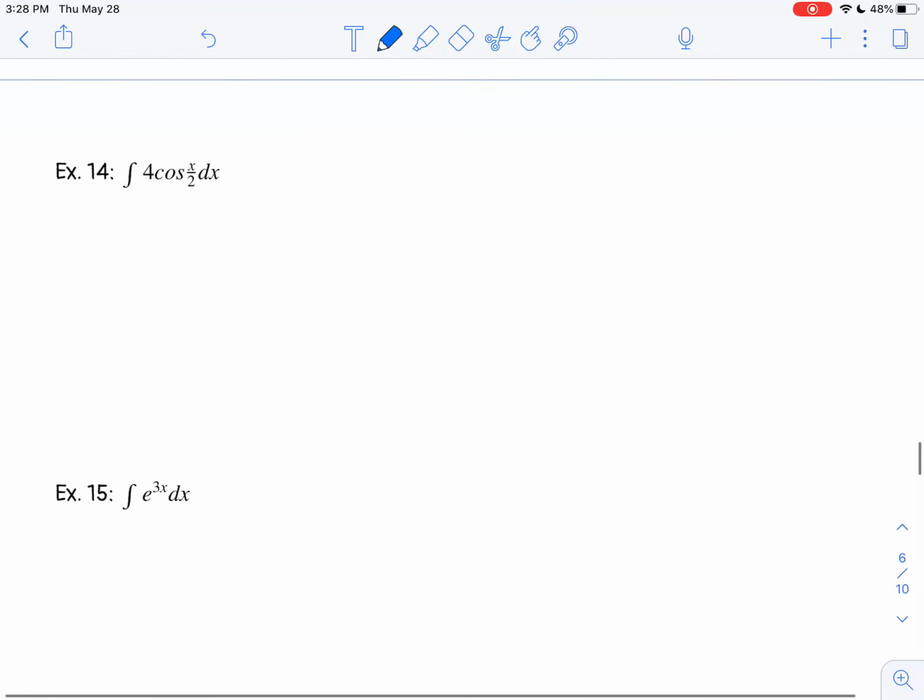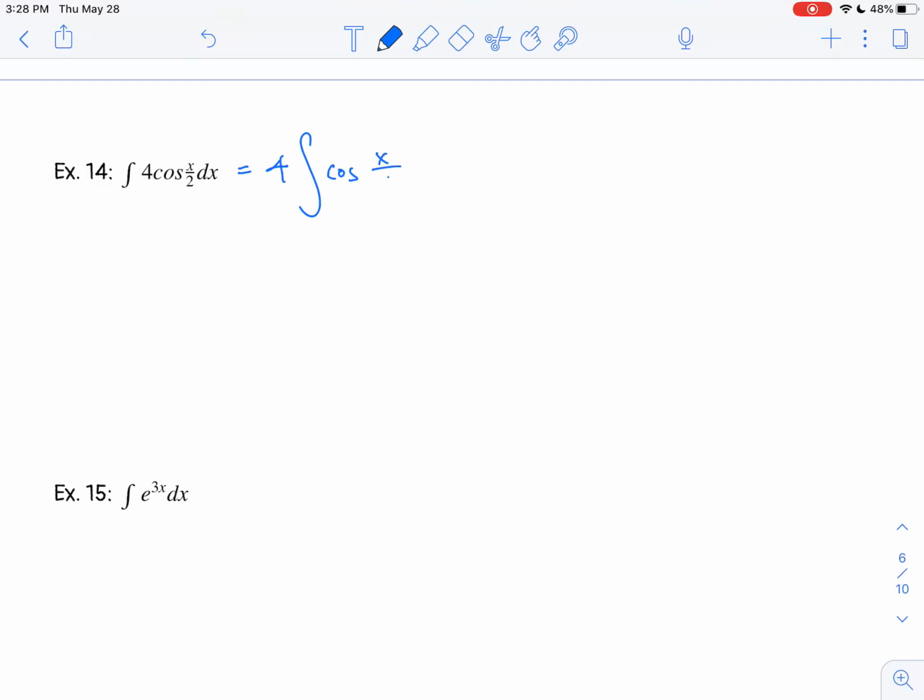All right, let's take a look at one more problem here. So we've got the integral of 4 cosine x over 2 dx. So I'm going to bring the 4 out. Integral of cosine x over 2 dx. I want to recognize this as a u sub case, where my u is x over 2. So u is going to be x over 2, du equals 1/2 dx.